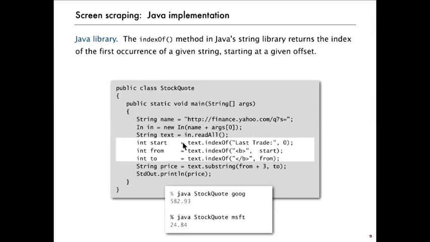And so we'll start at indexOf last trade, and then what we want to do is find the first <b> after that position, and the first closing </b> starting from that position, and skipping over the <b> tag, you get the price and you can print it out.